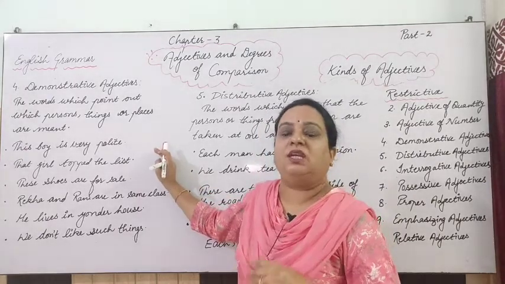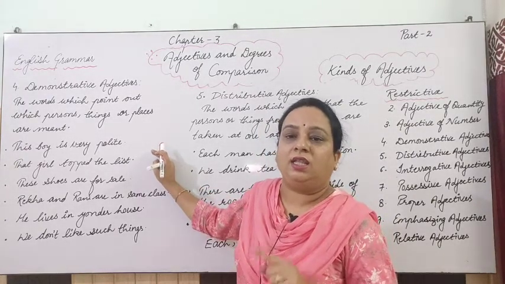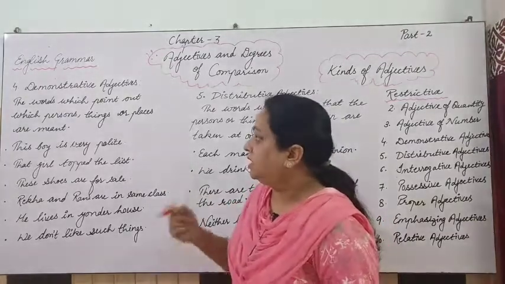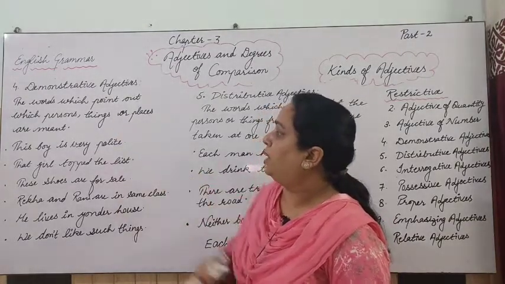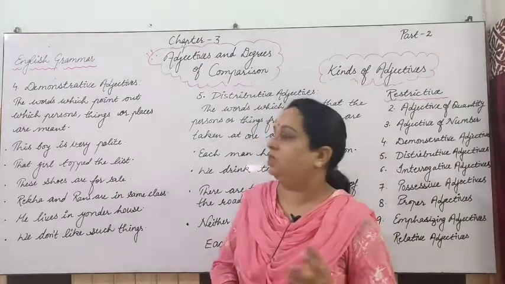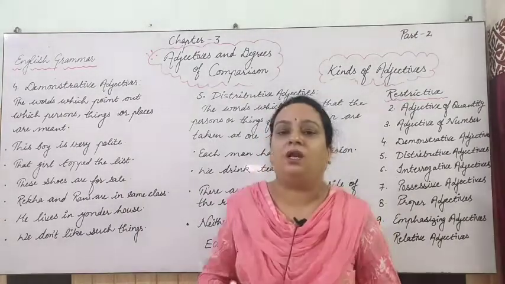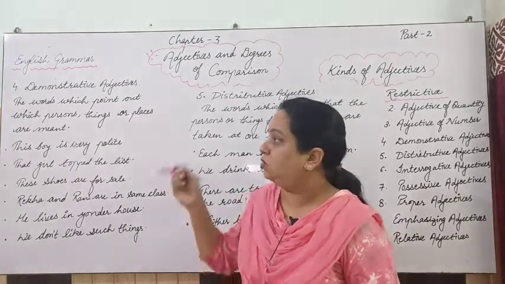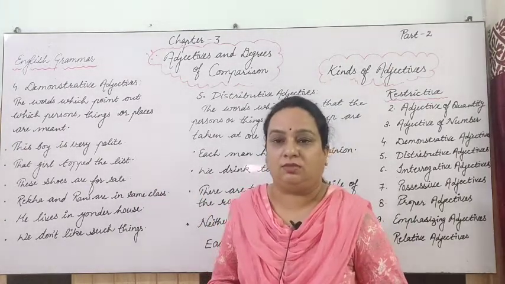So these three words you can also add to the list of demonstrative adjectives. The words which point out which person, thing or places are meant are known as demonstrative adjectives, right?